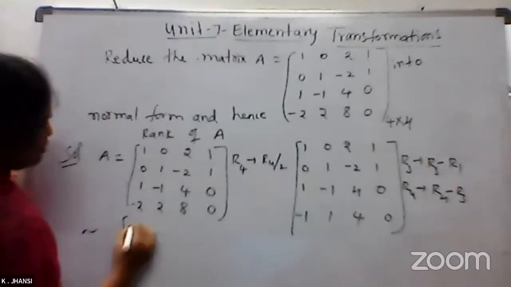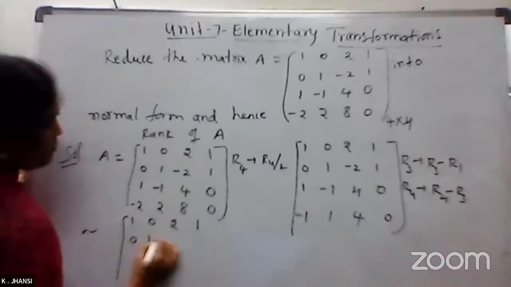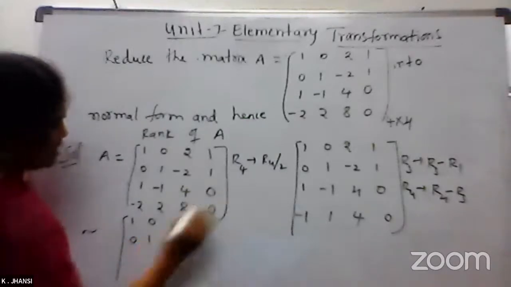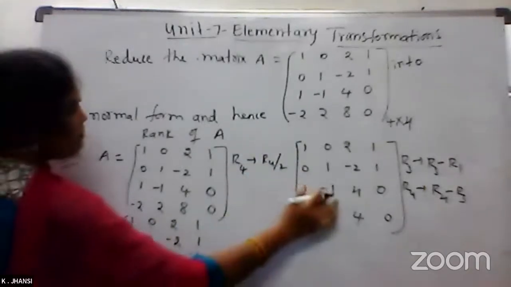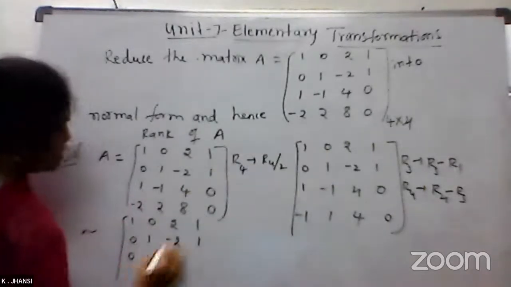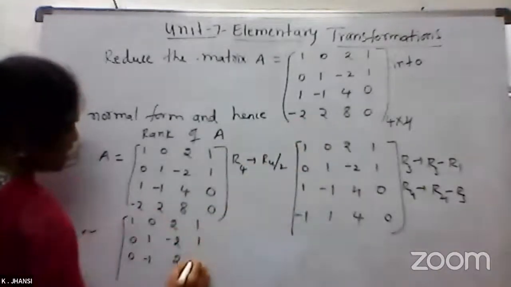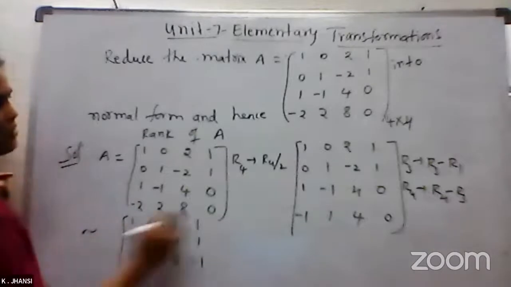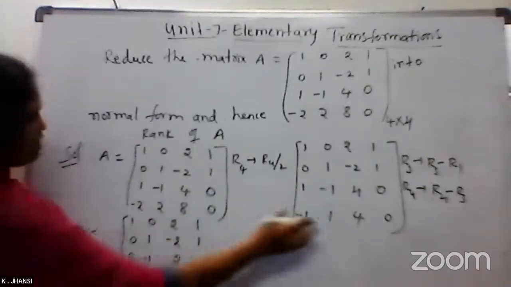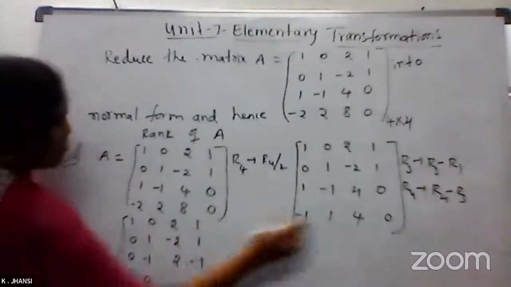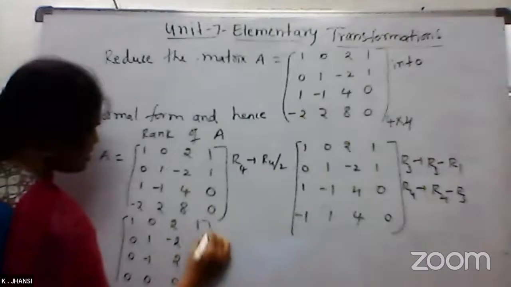So 1, 0, 2, 1. R2 we are keeping like that only: 0, 1, minus 2, 1. So 1 minus 1 is 0. Minus 1, 0 is minus 1. 4 minus 2 is 2. Next 0 minus 1 is minus 1. Next these two, no: 1 minus 1 is 0, 1 minus 1 is 0, 4 minus 4 is 0, next 0 minus 0 is 0.